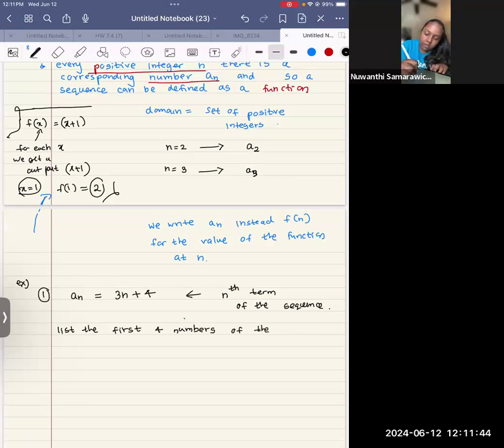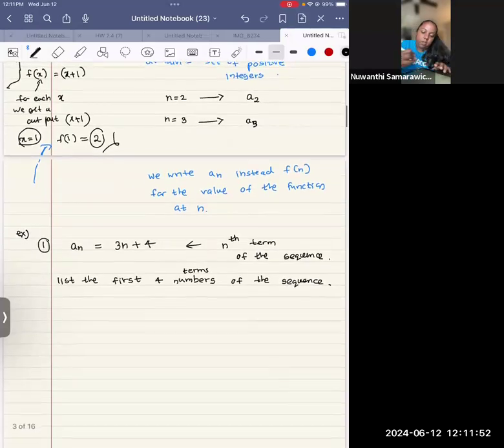These numbers we call terms of the sequence. When n is equal to 1, the first term is a sub 1. When n is equal to 2, a sub 2. When n is equal to 3, a sub 3. Can you tell me what the 4 terms of the sequence are?